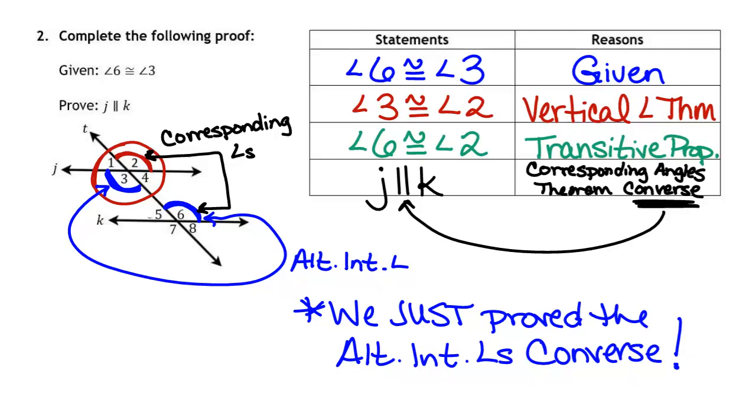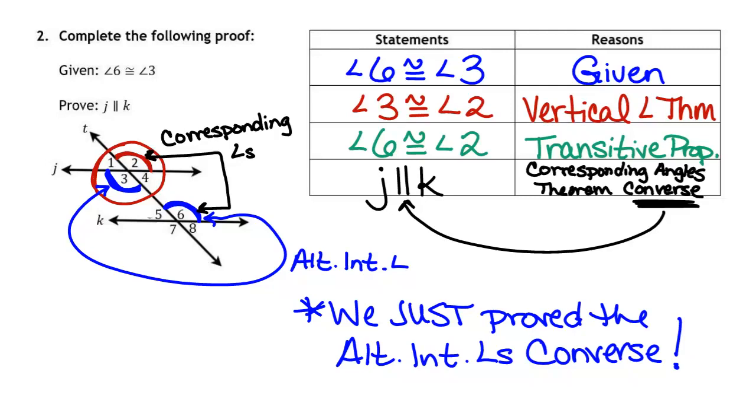So now, when I look at a diagram, if I know from the beginning that alternate interior angles are congruent, then I can use that to say that the lines are parallel. I don't have to walk through this whole proof all over again.